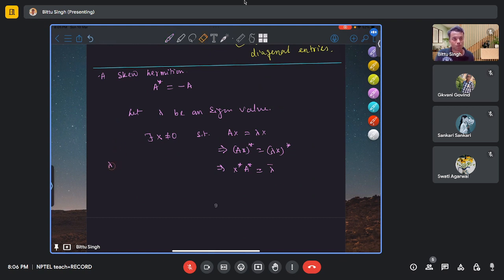The conjugate transpose of lambda: if lambda is a plus ib, then it becomes a minus ib. So we need to take lambda bar here, times x star. So again multiply this thing with x star.